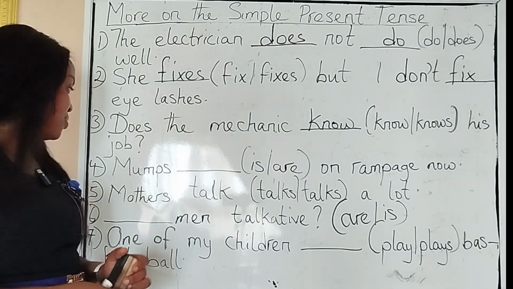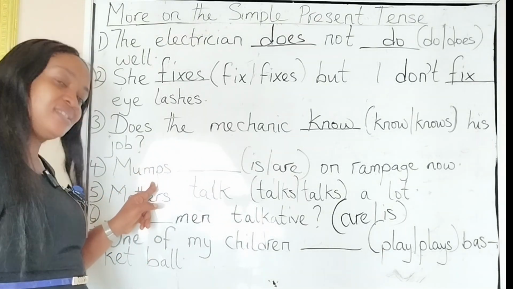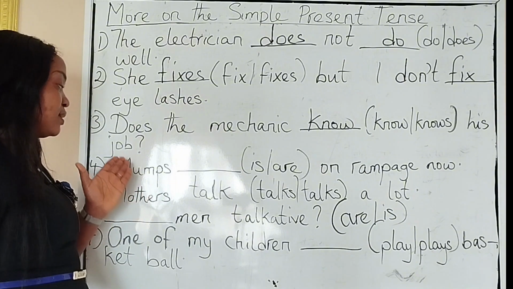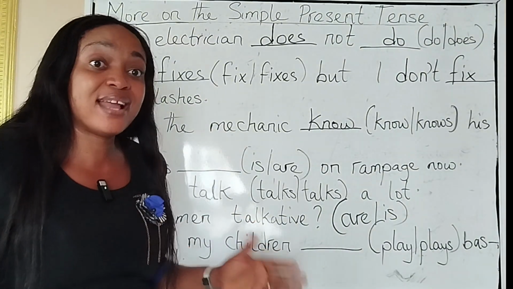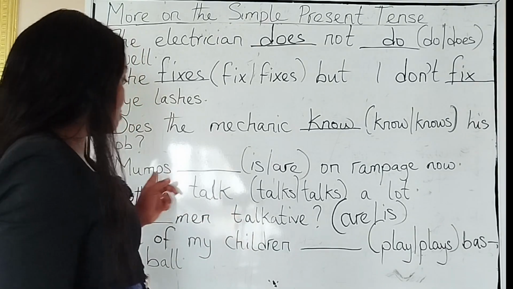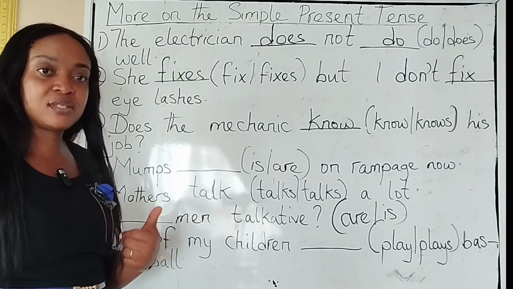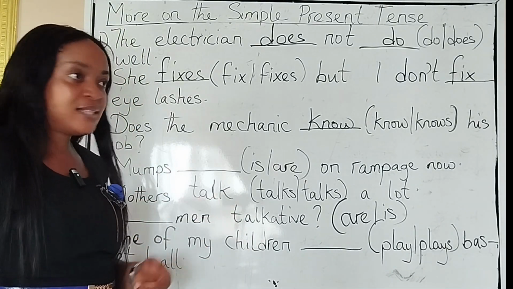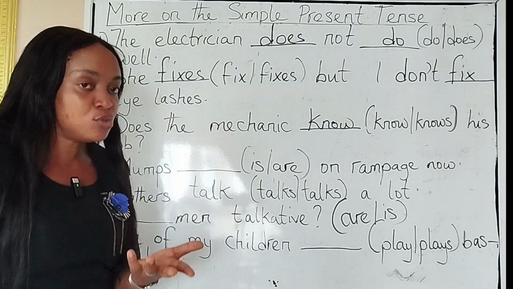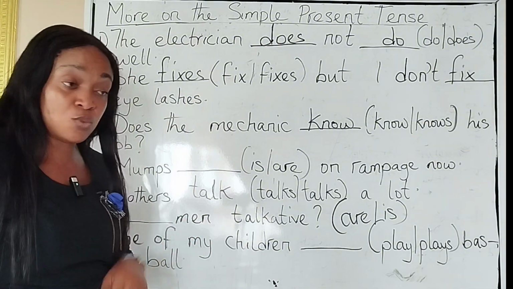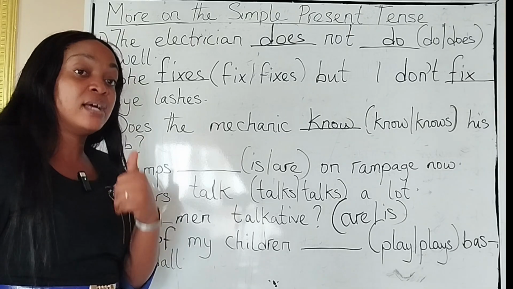I hope you're still there. Okay. Mumps. There are nouns that look like they are plural in nature, but they aren't. Nouns like mumps, measles, mathematics, statistics, though they have s at the end, do not be deceived, they are not plural. We consider them to be singular nouns.